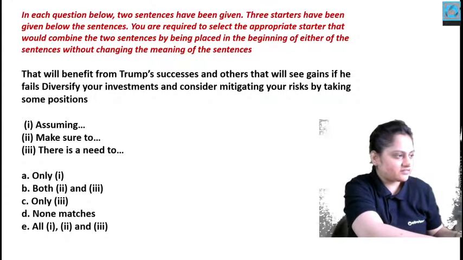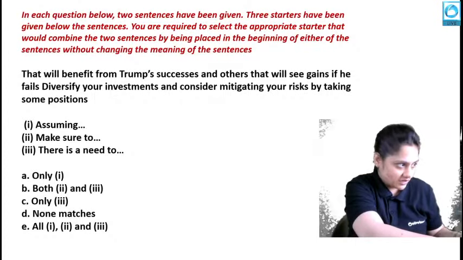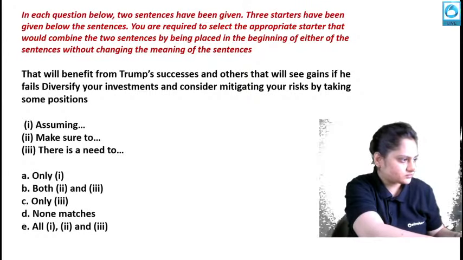Next set that they have given is connector. For this, remember, you have to read the pattern very carefully. Read the pattern first. Giving you time to read the pattern, understand, then we will answer together.